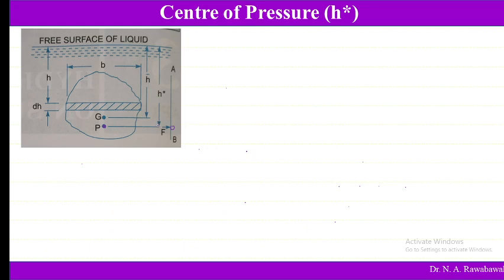Let us assume that total pressure is acting at point P, which is just below this point G, where G is the center of gravity. So the center of pressure is calculated using the principle of moments, which states that the moment of the resultant force about an axis is equal to the sum of moments of components about the same axis. So there are n number of forces.